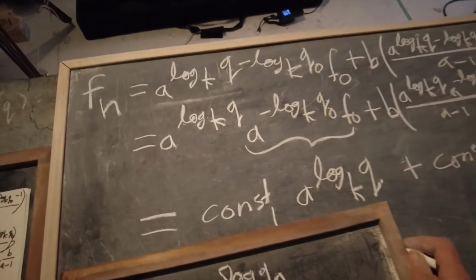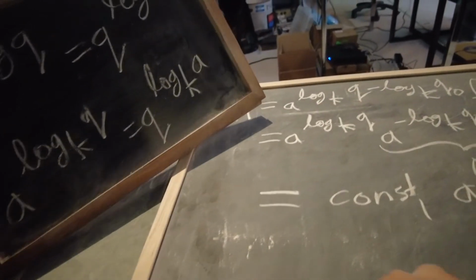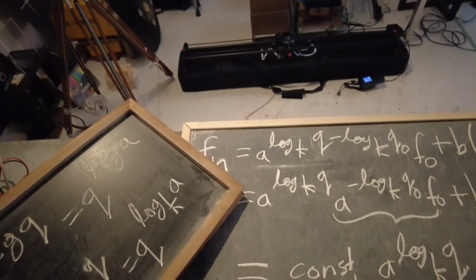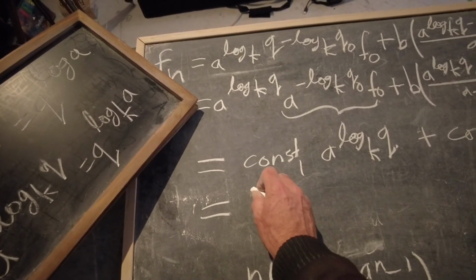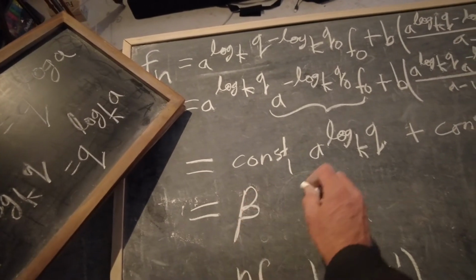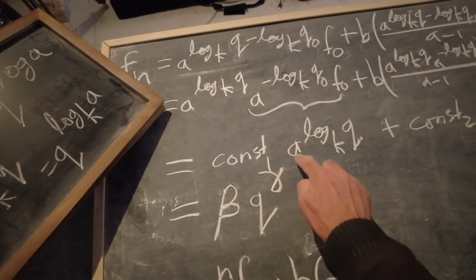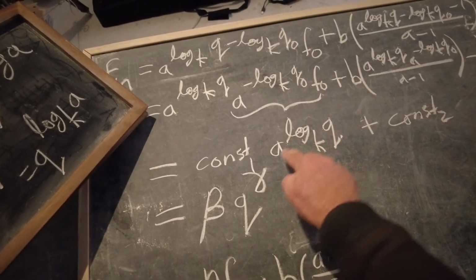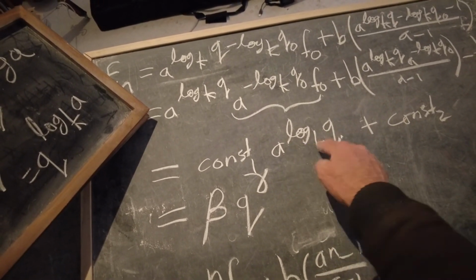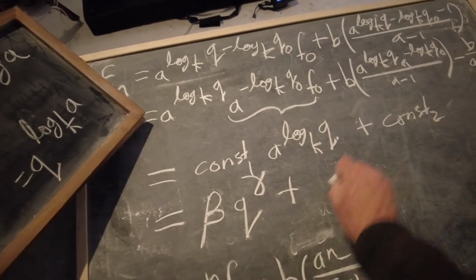And if we take what we had before, namely the logarithms, you can see this is of the form: let's choose for this constant beta, and this is q to the gamma, where we take a to the log k of q equal to q to the log k of a, and let log k of a equal gamma plus alpha.